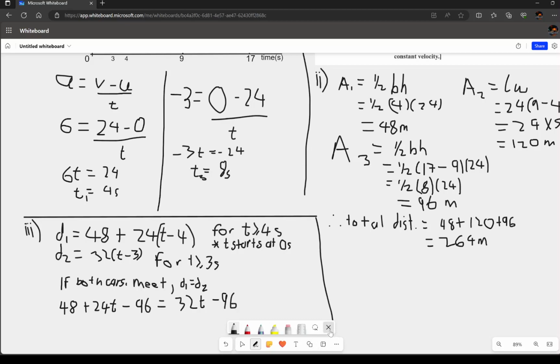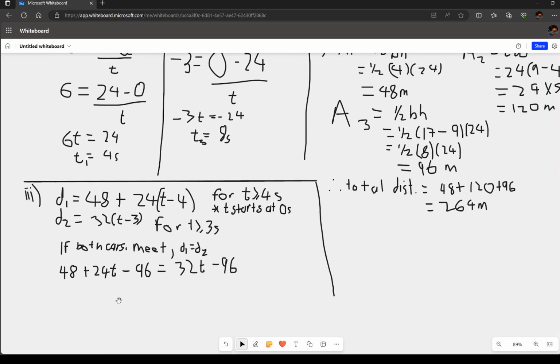Okay, so now that we have that, let's just simplify this left side. So that's going to be 24t minus 48, since positive 48 minus 96 is negative 48. That's of course equal to 32t minus 96.